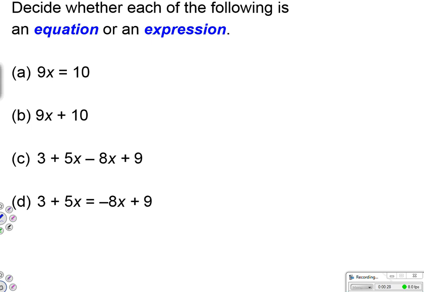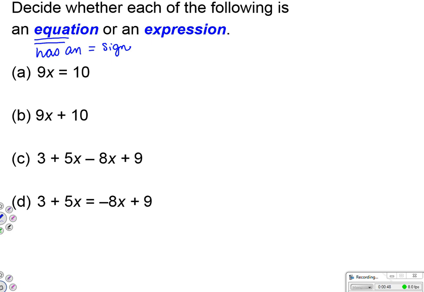This first screen talks about deciding if the presentation is an equation or an expression. An equation has an equal sign. That's one of the main differences, right?